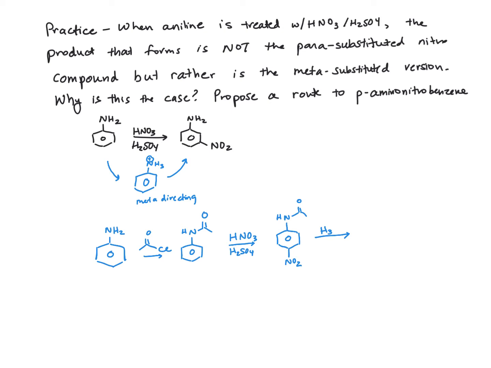Then we can treat with acidic water or sodium hydroxide to undergo a hydrolysis reaction, and then we recover our amino group. So here we've successfully made para-aminonitrobenzene.